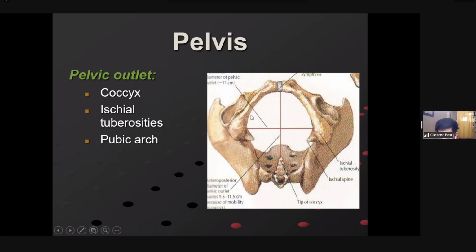You will notice that in this slide, the pubic arch is quite rounded, and this is the pelvis of a female. This quite rounded pubic arch is a characteristic feature of a female bony pelvis. We will see that as we compare the male and the female bony pelvis.